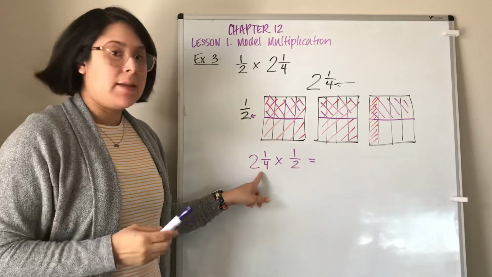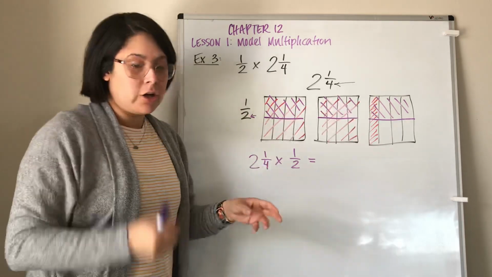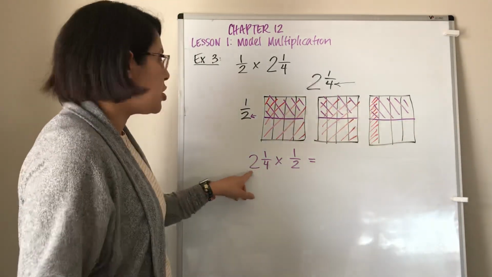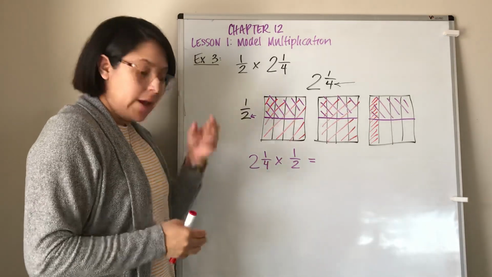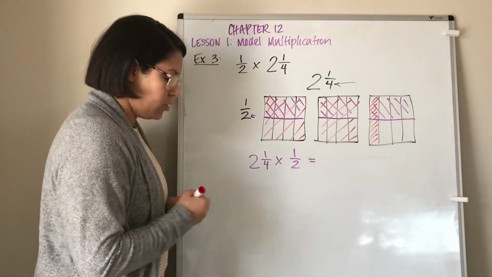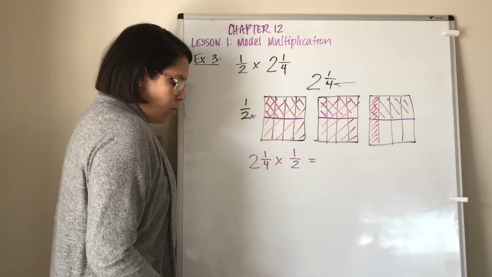Doing this is going to take a lot longer when you actually learn how to multiply it. But right now we're explaining, just by modeling it, what the answer is going to be. So let's count.